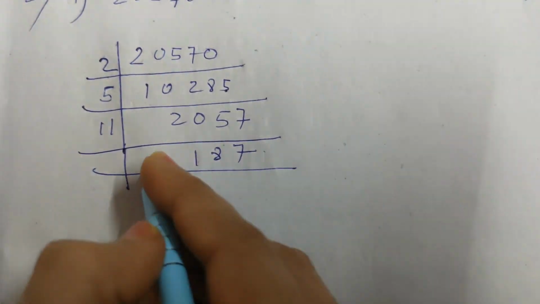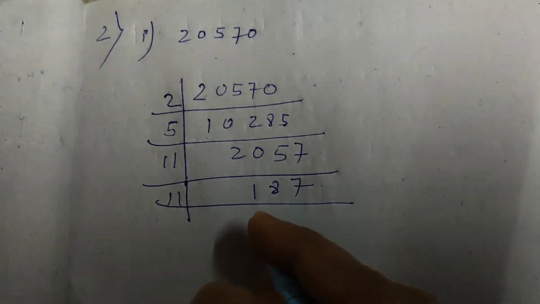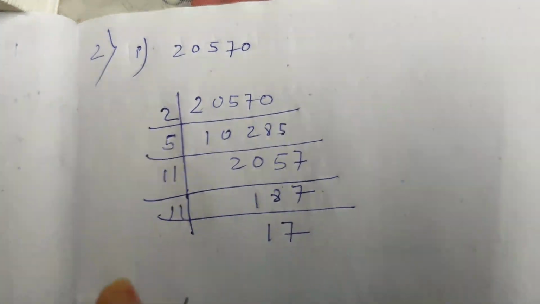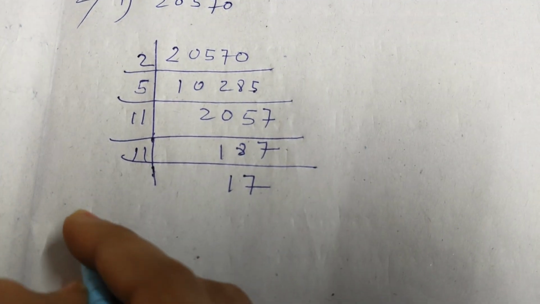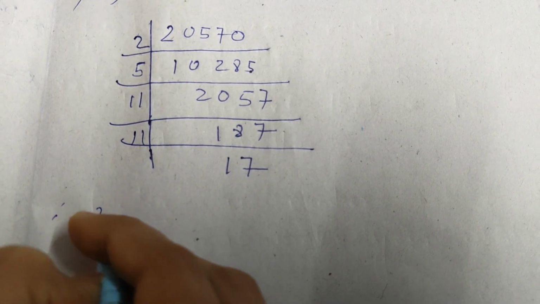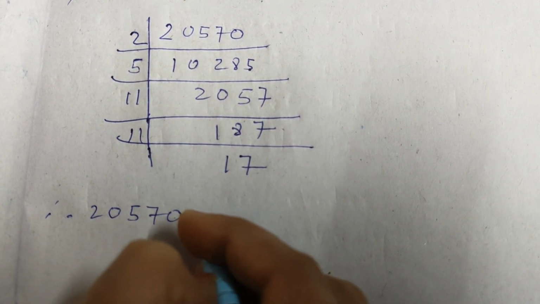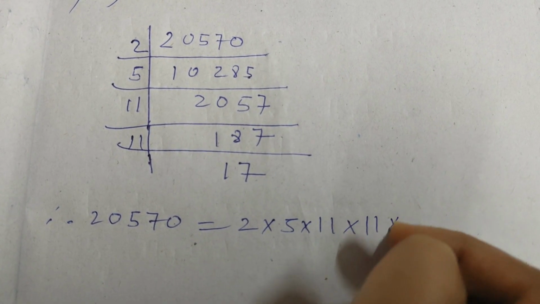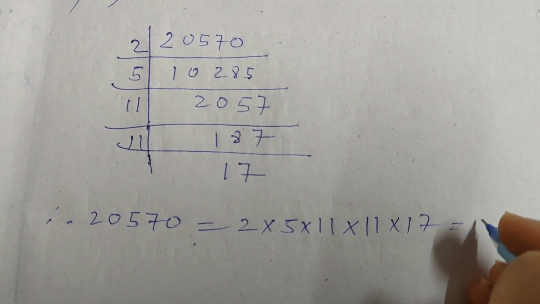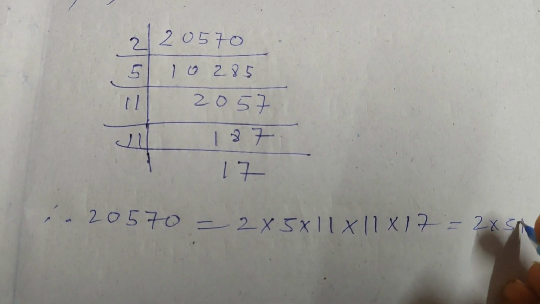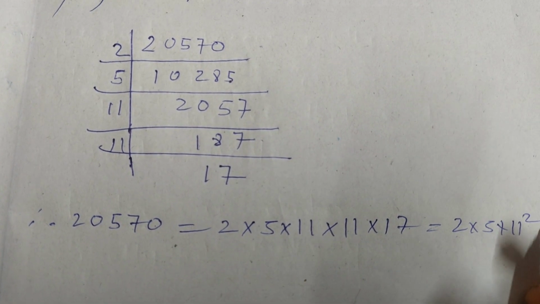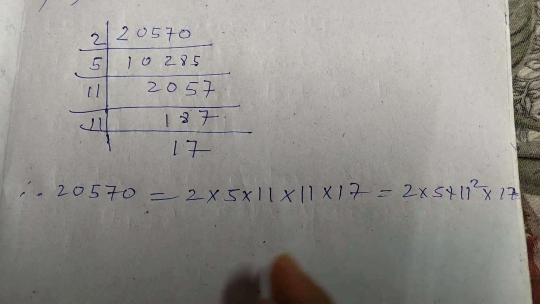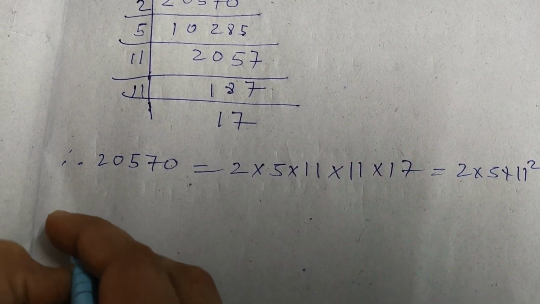Okay, now again with 11 we get 17. So we write it equals 2 into 5 into 11 into 11 into 17, or you can write 2 into 5 into 11 to the power 2 into 17.